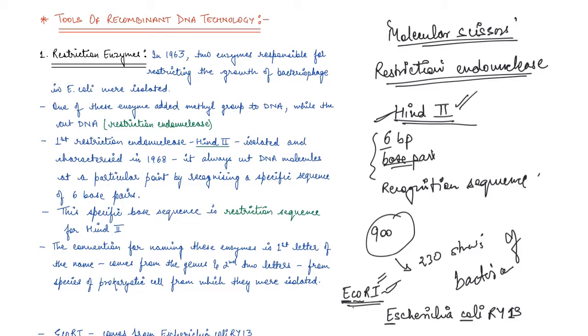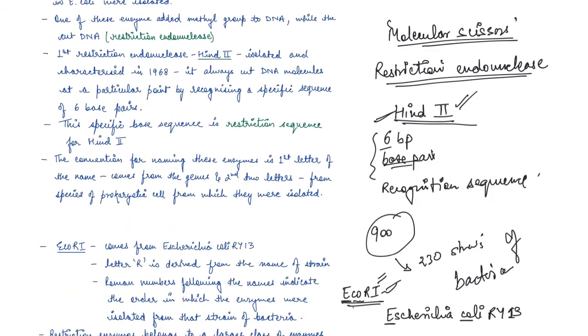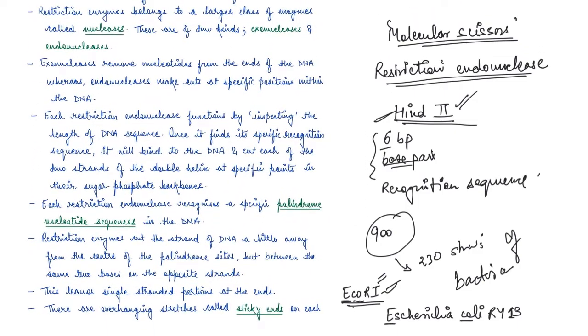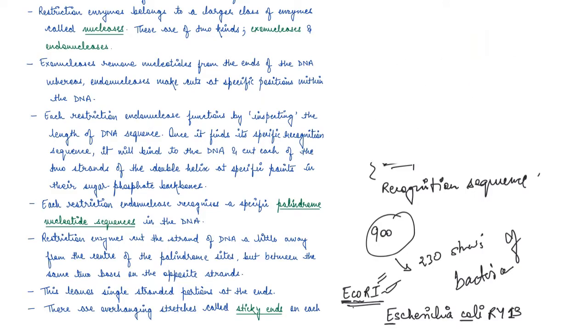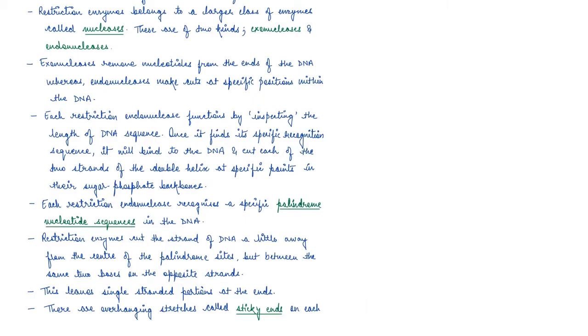Now, restriction enzymes are enzymes, and there are various classes of enzymes, as you must know. This restriction enzyme belongs to a very large class of enzymes known as nucleases. So if you get a question asking which class of enzyme restriction enzymes belong to, it is nucleases.